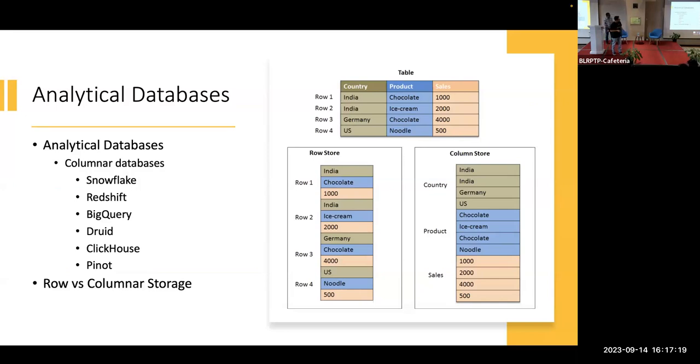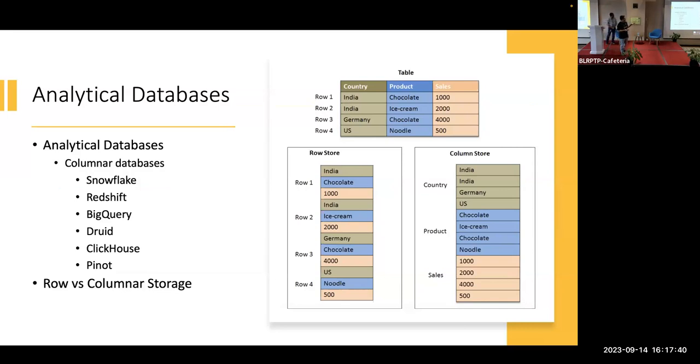On the column store, bottom right, you see the brown box, the country column for rows 1 through 4, all stored together. Then you have the blue one, product, all the products together, and then the sales numbers.